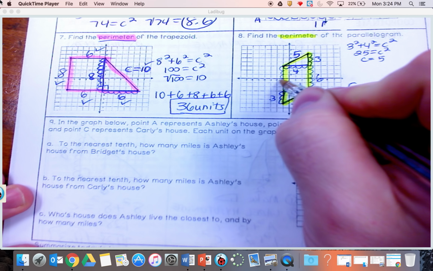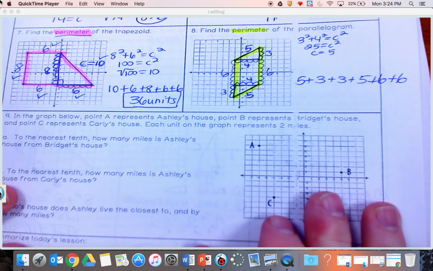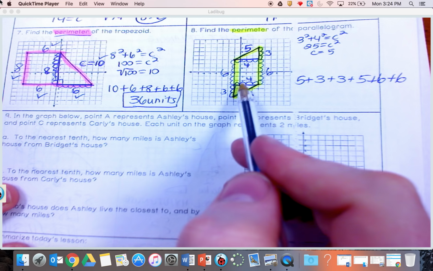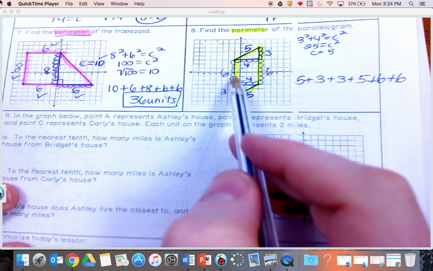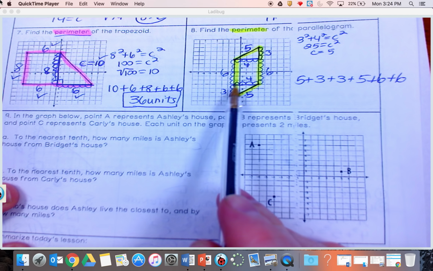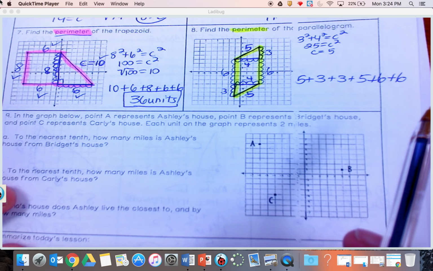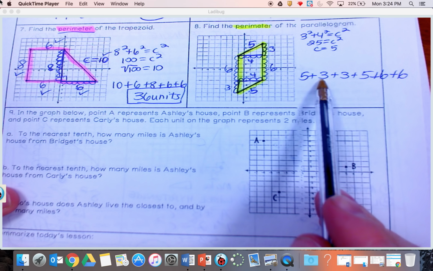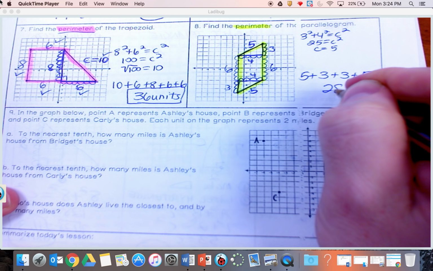So I got 2 6s to add. There they are. So I know my distance now. I'm not going to put these 4s because they're not around the outside. I just want the outside for my perimeter. So 5, 5, 3, 3, 6, and 6. Add them all up together. So I got 10, 16, 22, 28. So my answer there is 28 units.